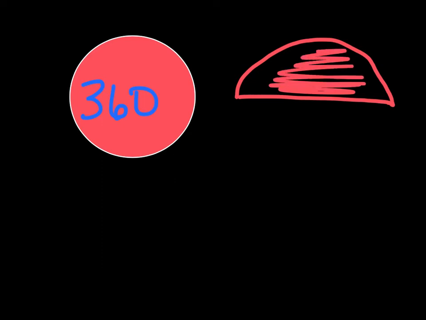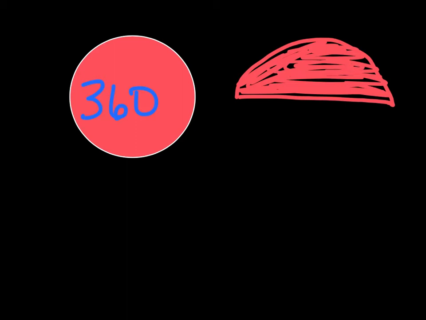So half of it, sorry, I don't have a button on here that does semicircles, is 180 degrees for my semicircle. And 360 is equal to 2 pi, so it's all the way around, and 180 is pi.